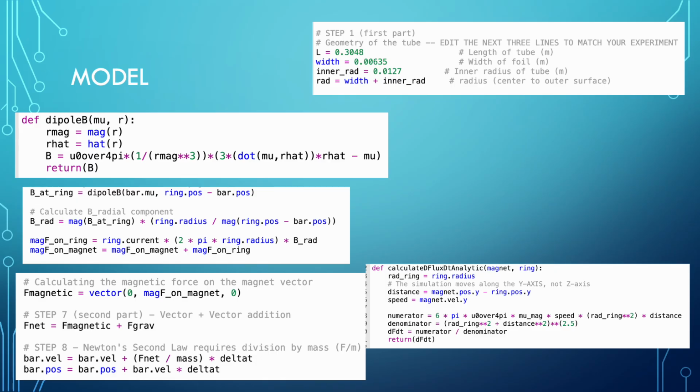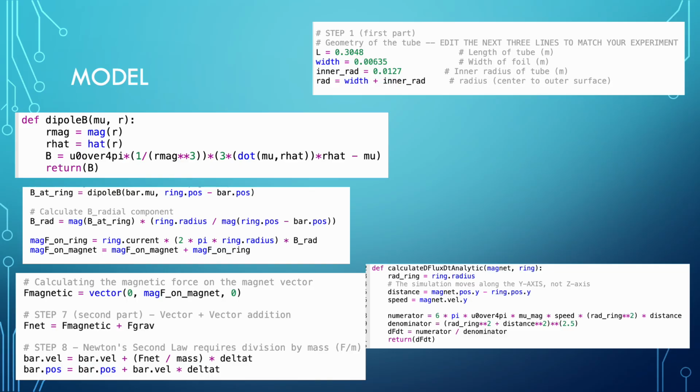So the first thing that we needed to do was set our geometry of the tube, and we used a tape measure and then conversion from customary to metric to obtain these values. We also used our dipole function from the previous lab, and we developed a flux, or change in flux, analytic function, which you can see at the bottom corner.